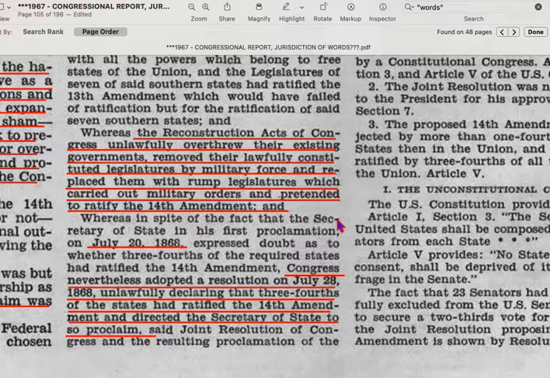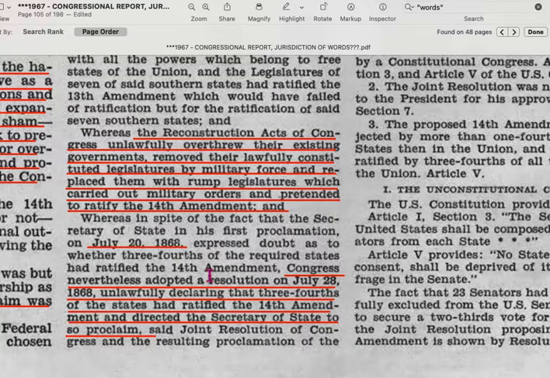So when the states claim that they can ratify the Constitution by getting together, 3/4 of them getting together and altering the Constitution through amendments, it is doing so illegally because they're not states, they're not acting as states created by the people, they're acting as states created by the federal government.